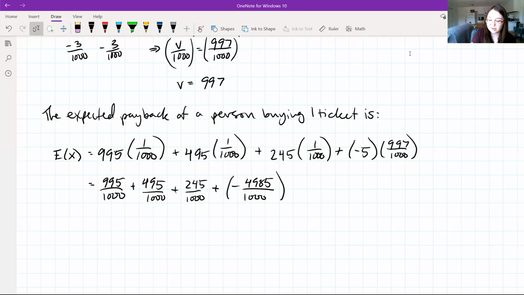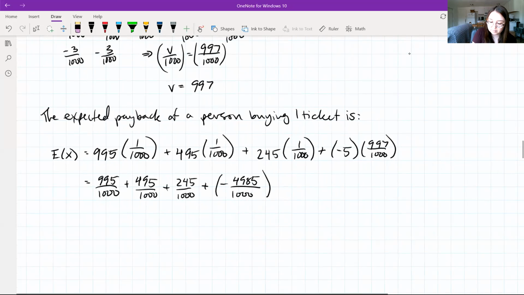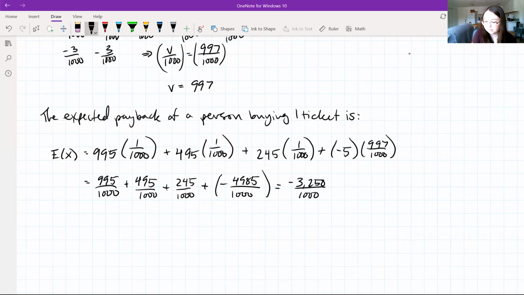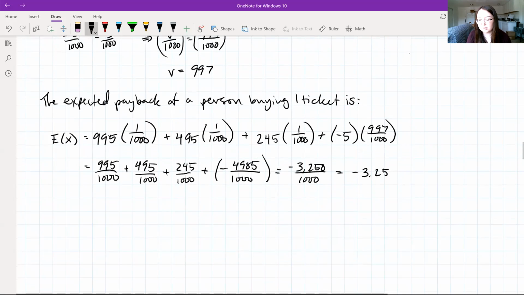So we add all of these values up, and we end up getting negative 3,250 divided by 1,000. Once we divide this value by 1,000, this is going to give us negative 3.25. Since we're talking about money in this case, we know this is going to be the same as saying, I'm just going to write a big slash.